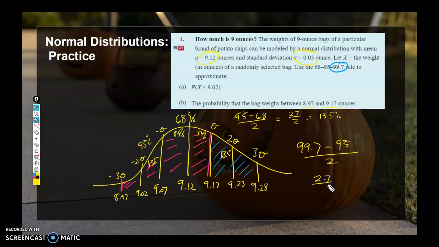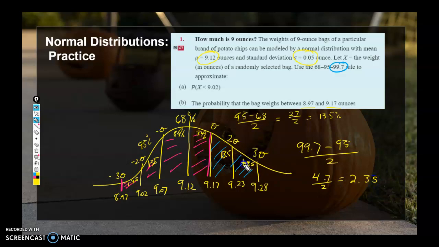So this is 4.7 divided by 2, which would make this 2.35.